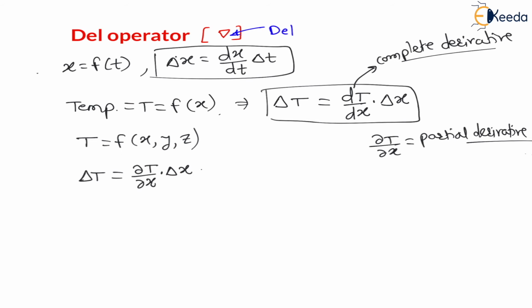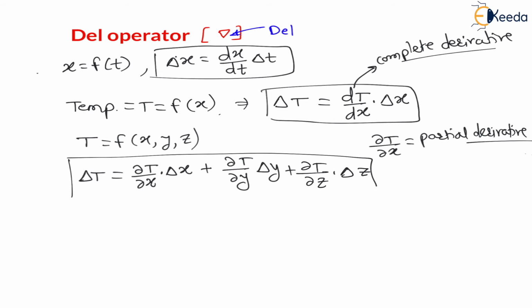Therefore, plus the partial change of temperature with respect to y into del y, plus similarly, temperature is changing with respect to z, the partial change of temperature with respect to z into del z. And my dear students, this is the change in temperature, that is, final temperature T2 minus initial temperature T1. This is called the change in temperature.